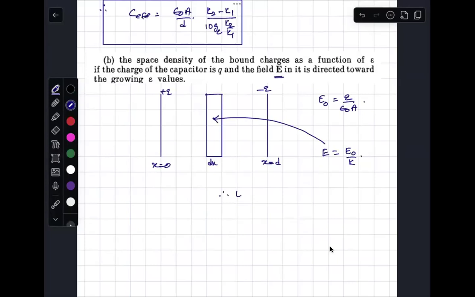So therefore, E is nothing but Q by K epsilon naught A. That is not the question. What is your question? I can answer this question in two ways.